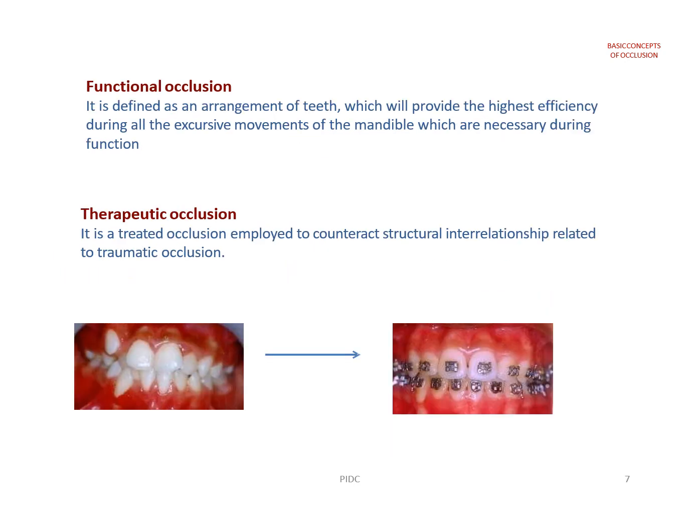There is something called a functional occlusion, which is defined as an arrangement of the teeth which will provide the most efficient function during movements of the mandible, right? There is something called therapeutic occlusion. That means it is a treated occlusion, that is, you have treated it orthodontically, right?